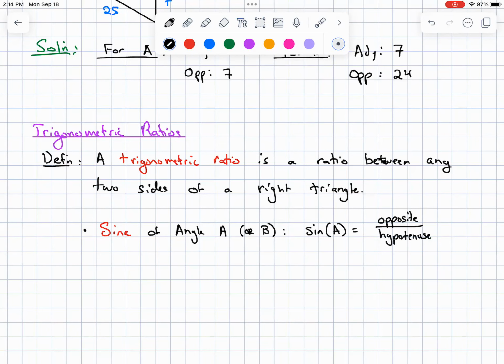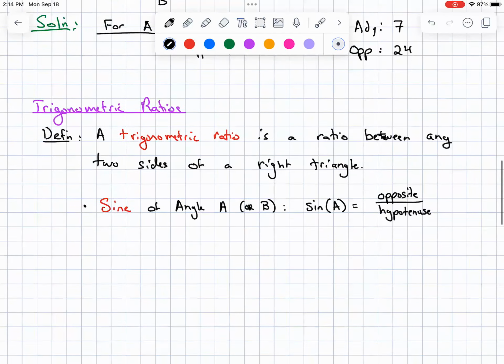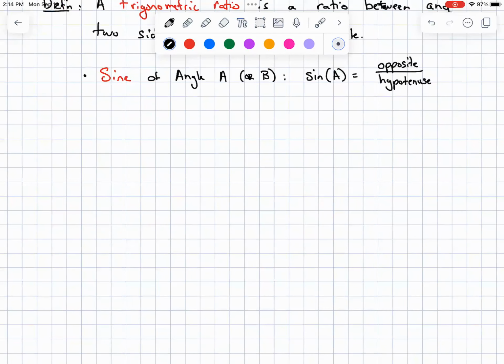The way we say this is sine of A. That's what that abbreviation represents. It says sine of the value A, sine of the angle A.